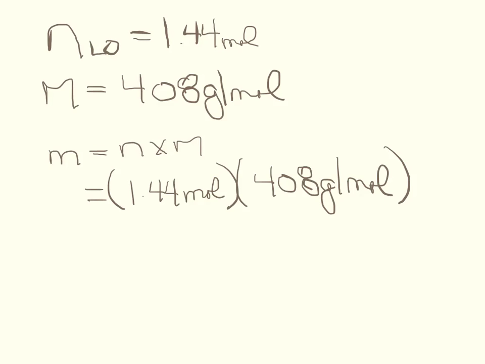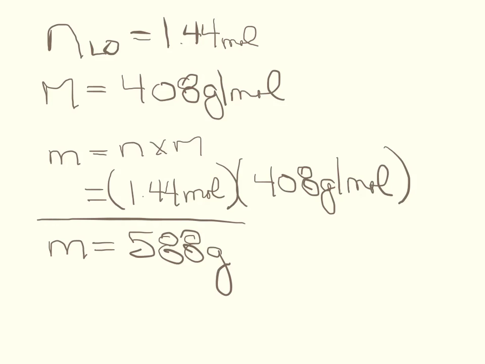So the mass is 588 grams per mole, or sorry, 588 grams. And if you look back to the original question, the lowest number of significant digits used in the original question was 3. So our answer is also in 3, which is 588 grams.